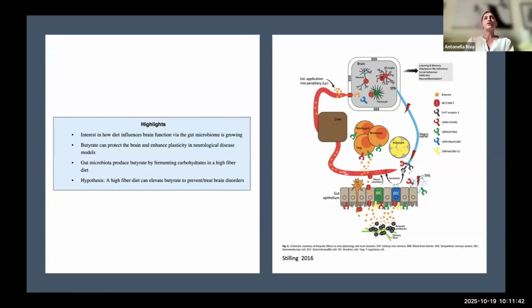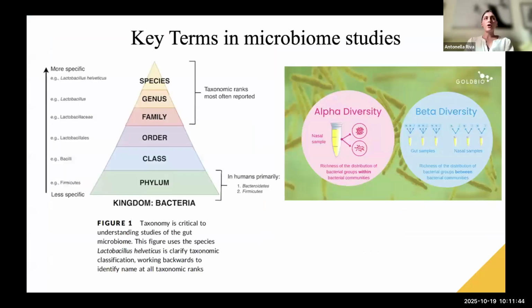But when we speak about microbiomes, there are terms which we should keep in mind. Bacteria are classified like the animal kingdom, so we can refer to them through phylum, which is the least specific, for example Firmicutes, and going deeper into the definition until the species, for example Lactobacillus helveticus.